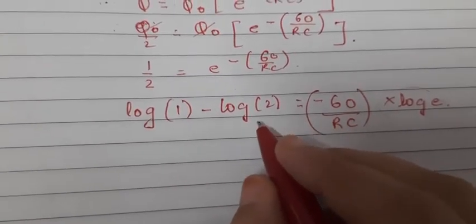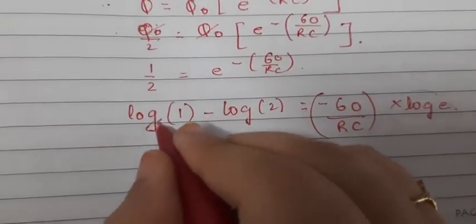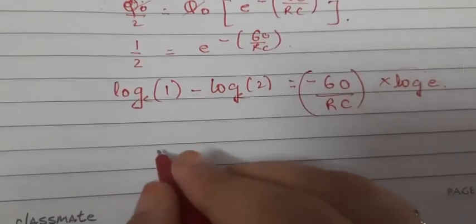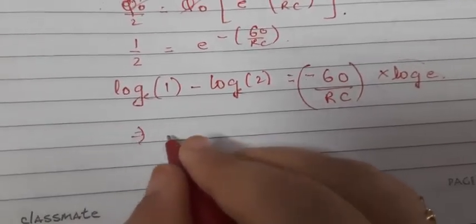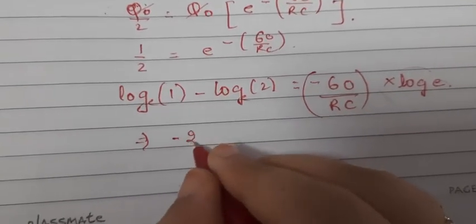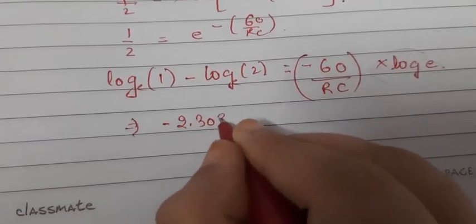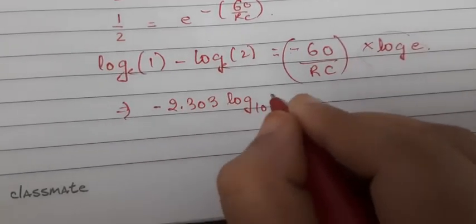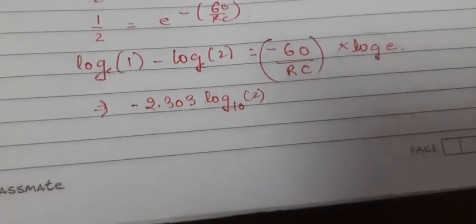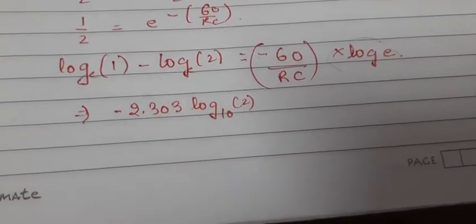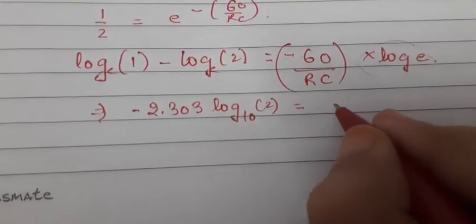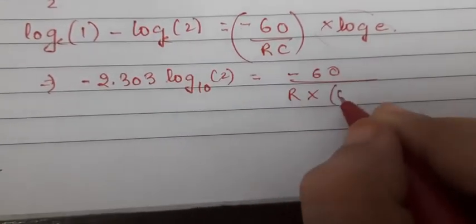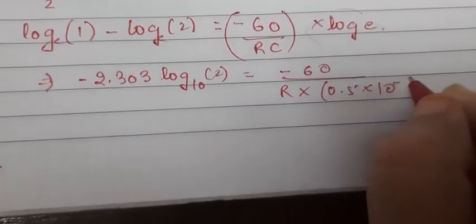that is 0.693. Right now the base is e, and if I want to change to base 10, this can also be written by multiplying with the term 2.303, and log base 10 of 2. That equals minus 60 upon R multiplied by the capacitance, that is 0.5 into 10 to the power minus 6.